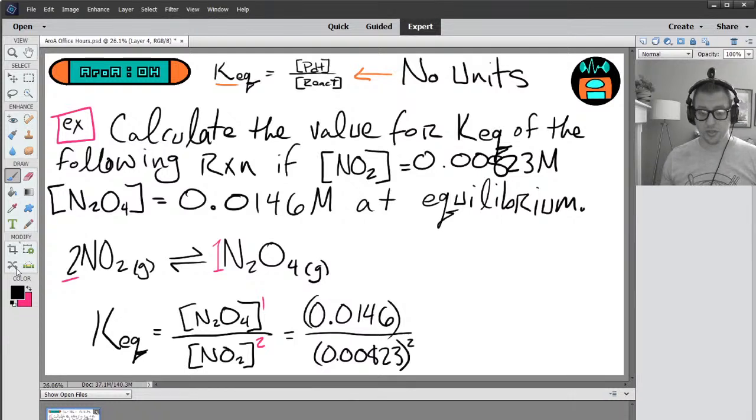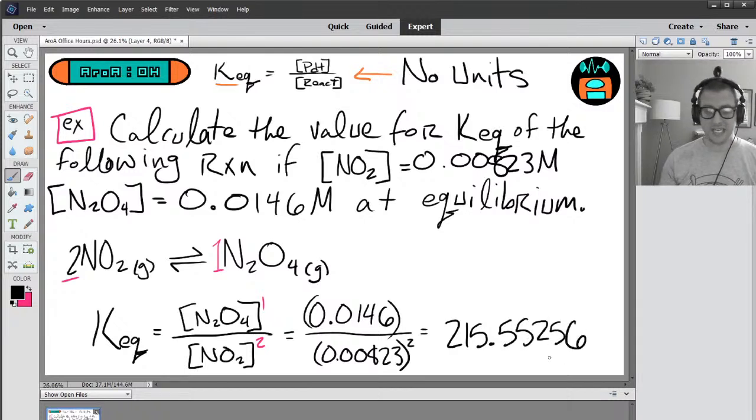Now we need to crunch our numbers. So let's see, we got to go 0.00823, and we have to square that, and then that is in our denominator, times 0.0146. My calculator is giving me a value of 215.55256.